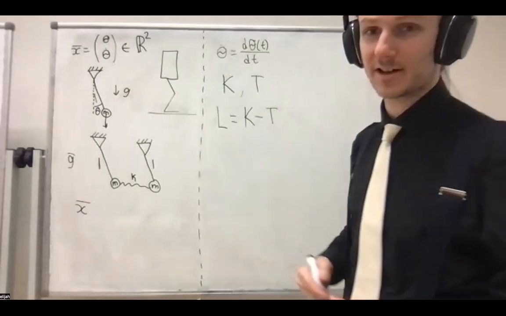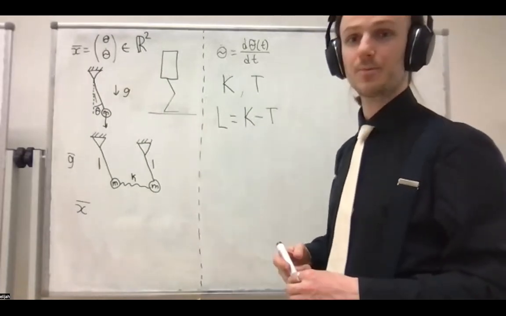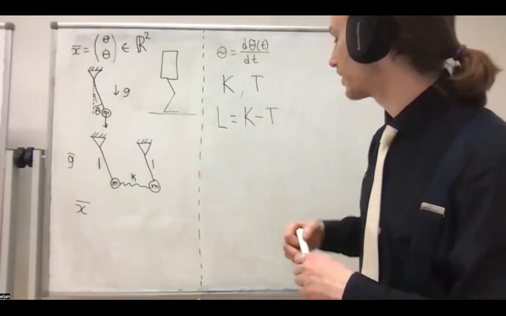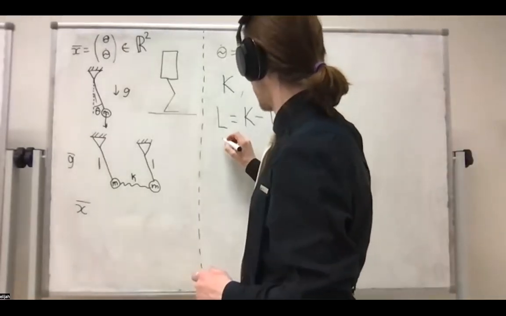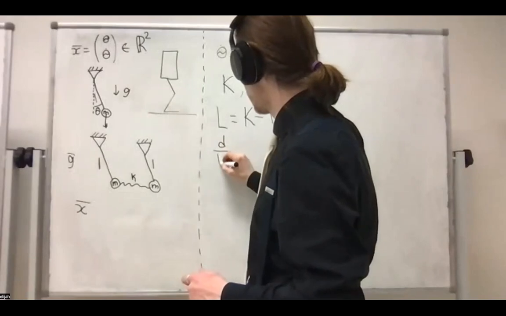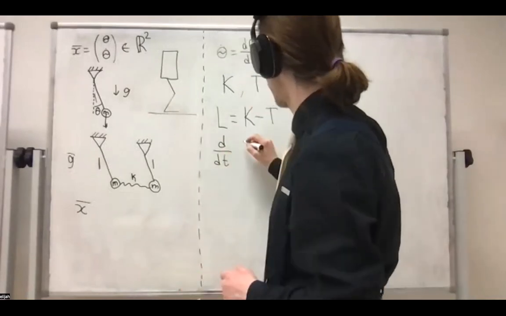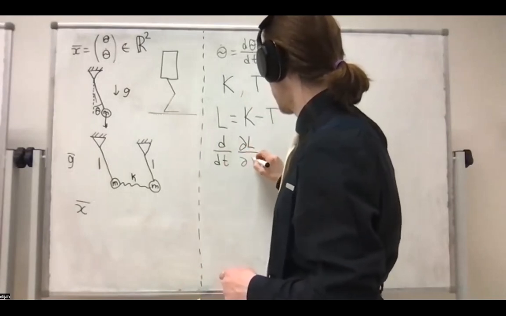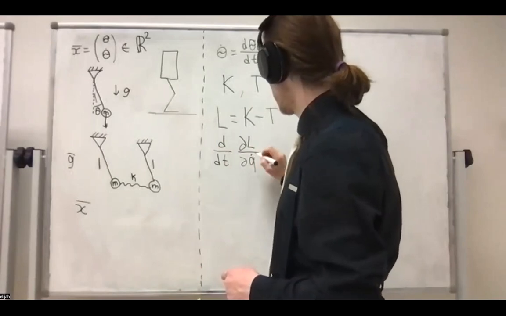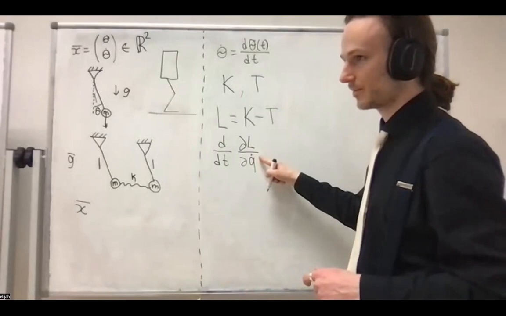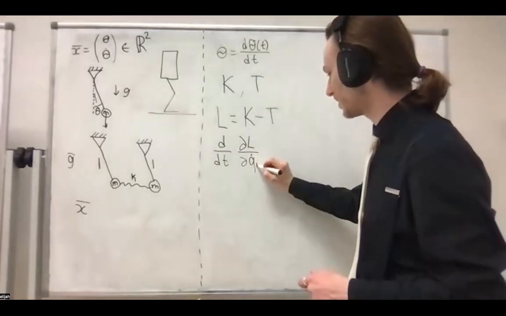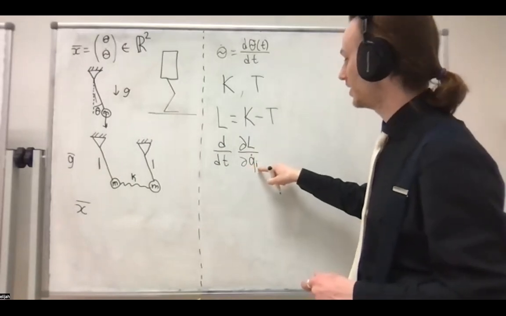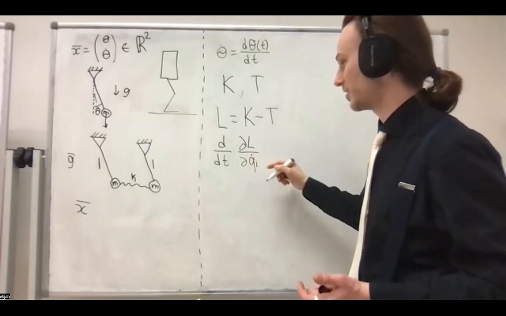The theory of Euler-Lagrange equations says that we can obtain the equations of motion for the system by doing the following. We can take a derivative by dt of the partial derivative of the Lagrangian by q sub i dot, where q sub i is the generalized coordinate number i and q dot is its time derivative.